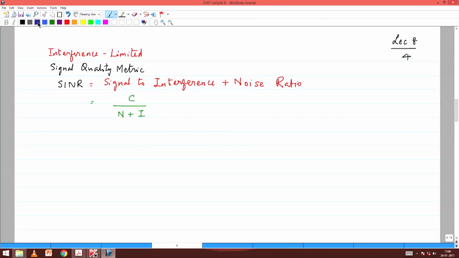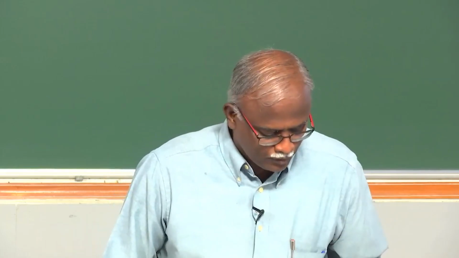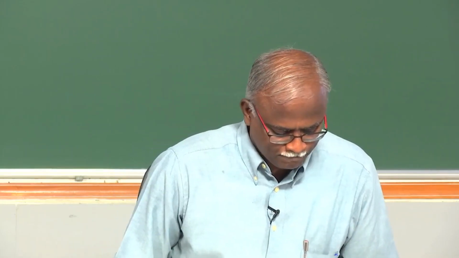So we indicate that by saying the noise is negligible. That means the interference is a more dominant term. So this becomes approximately C over I, carrier to interference ratio. And most of our cellular systems, C over I is the metric that we design for, because we are not noise limited, but we are interference limited.